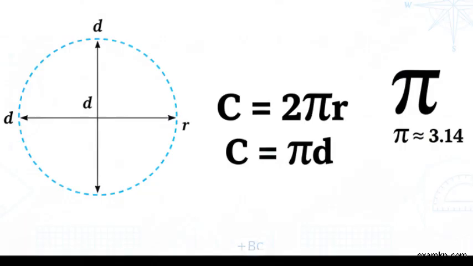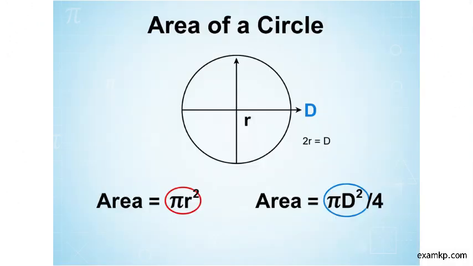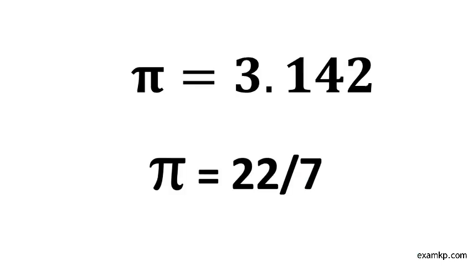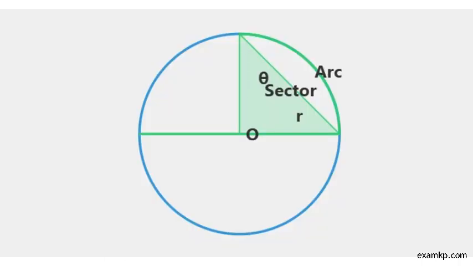The circumference of a circle is 2 pi r, or pi d. The area is pi r squared. Use pi equals 3.142 or 22/7 in exams. Now for arcs and sectors.